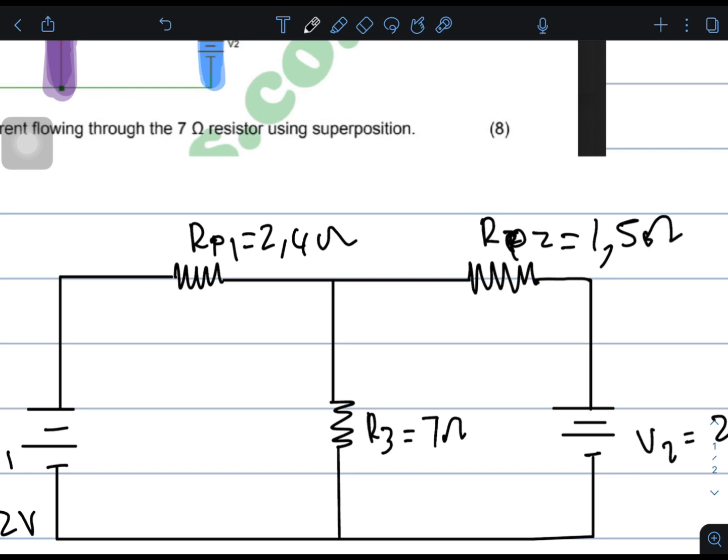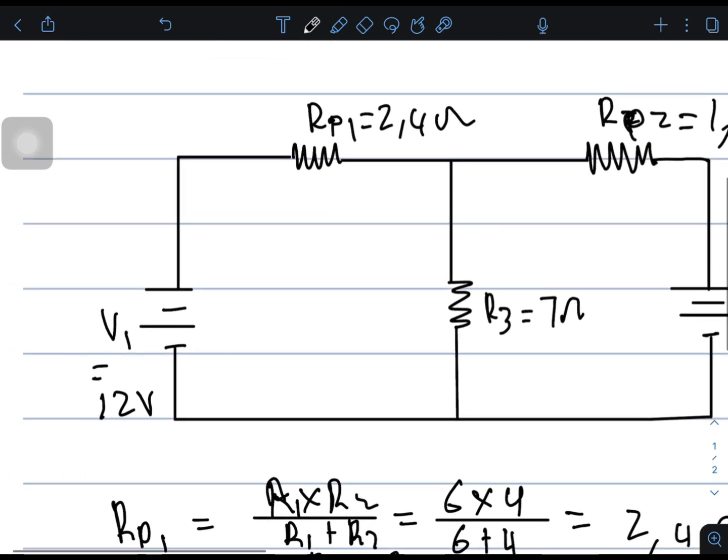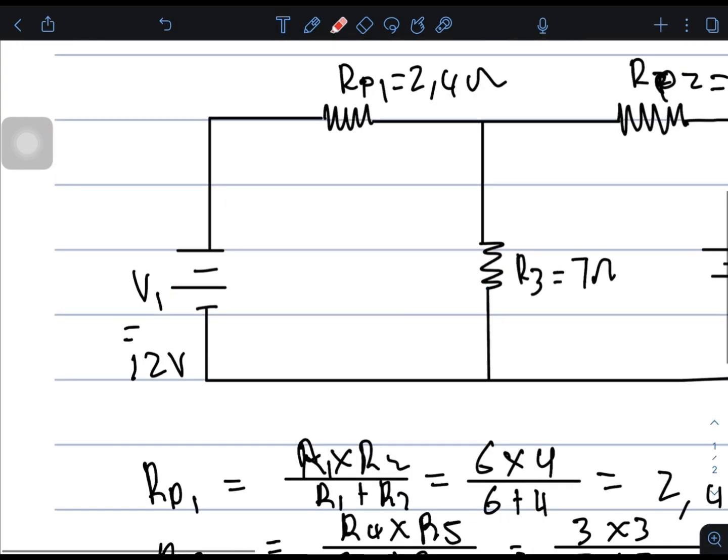The first thing now, let's say we want to determine how much current this source is supplying to this branch current.